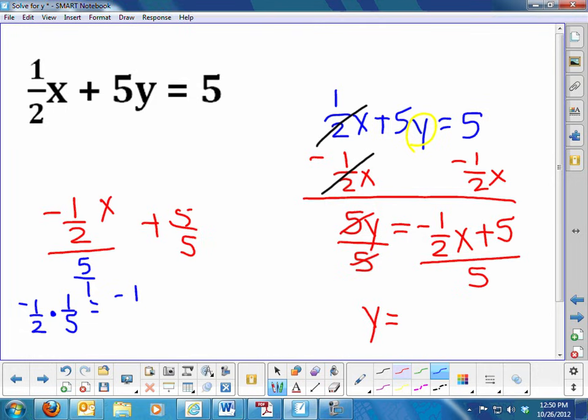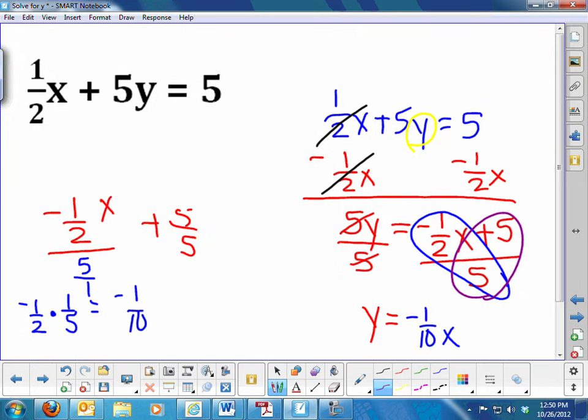What does that give me? Negative 1/10. So when I do negative 1/2 x divided by 5, I end up with negative 1/10 x. Now I need to do my second term, which is a positive 5 divided by a positive 5, which gives me plus 1. So that would be my equation in slope-intercept form.